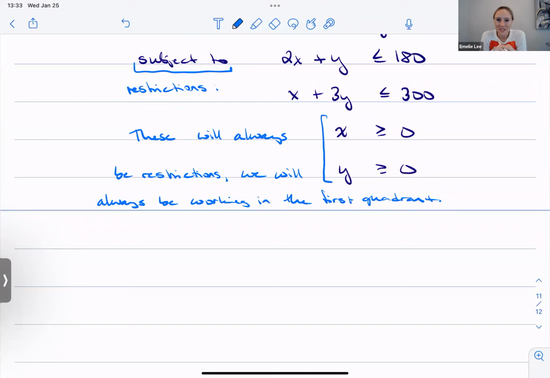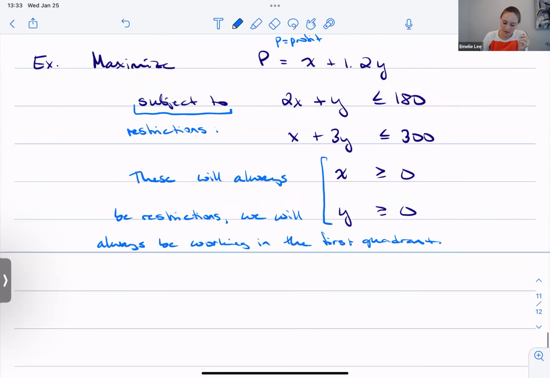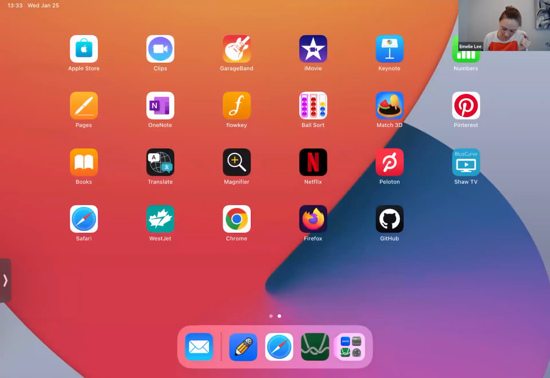We don't really need to draw those, but let's take this to Desmos and see what happens. I can't remember exactly how Desmos works, so I'm going to plug this in exactly as it shows up and see if it works. So 2x plus y less than or equal to 180.